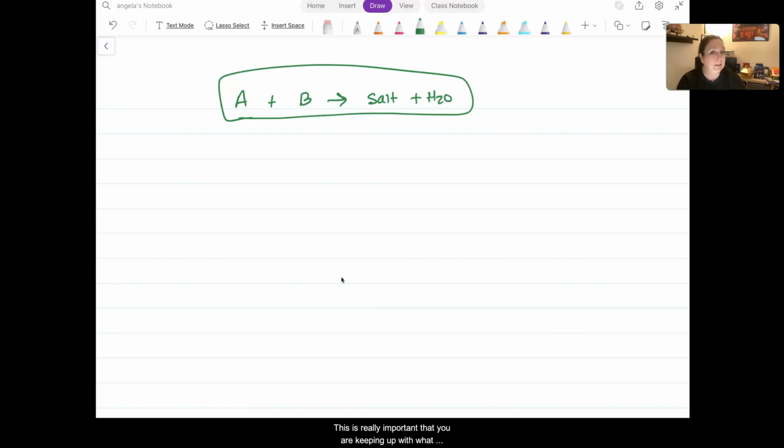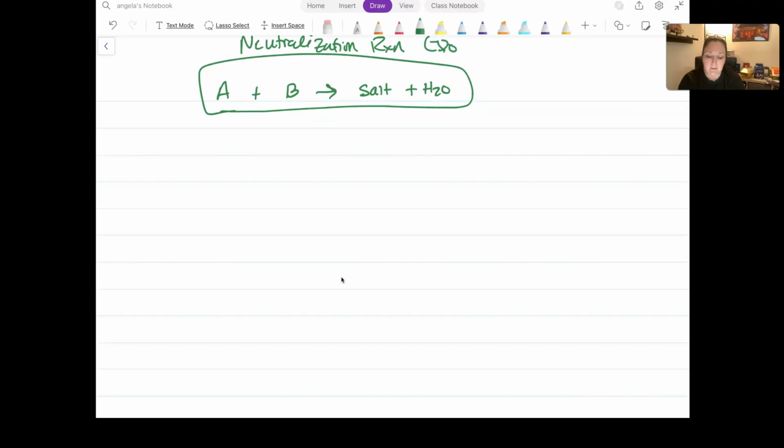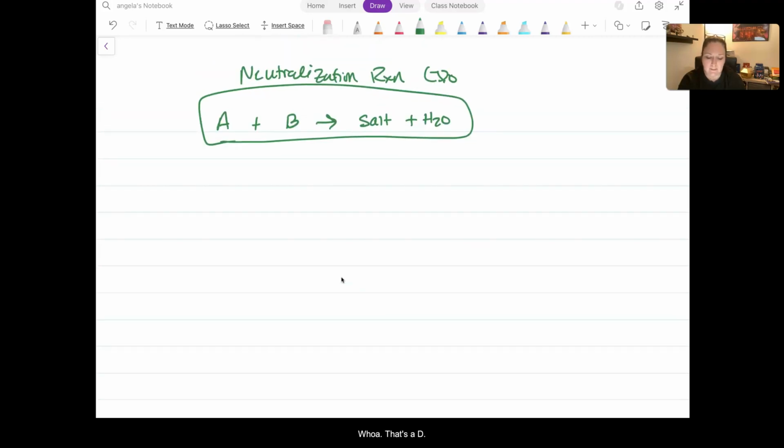So this is really important that you are keeping up with what the heck is going on in the acid-base reaction. And this is a neutralization reaction. It's also a double replacement. Whoa, that's a D. It's supposed to be a D. Double replacement reaction.